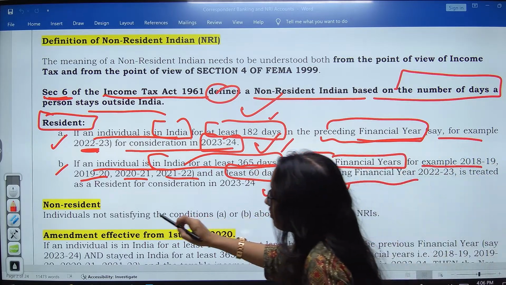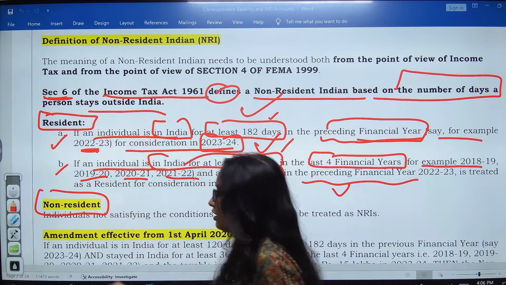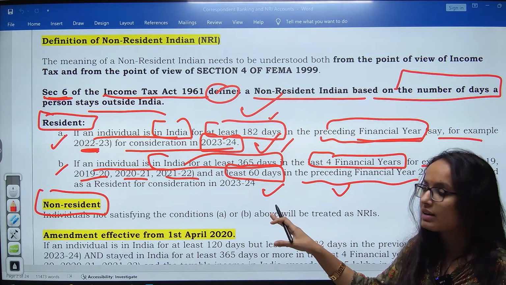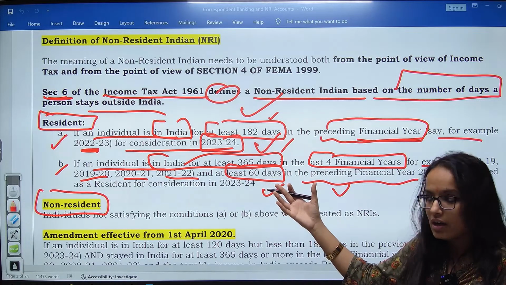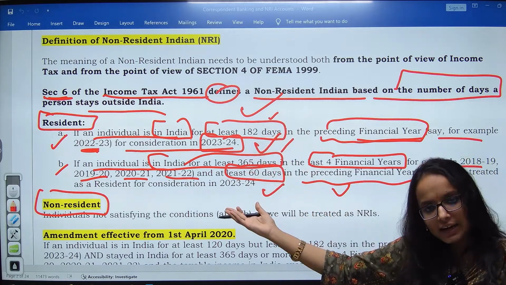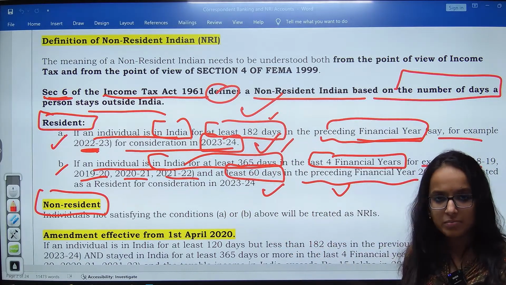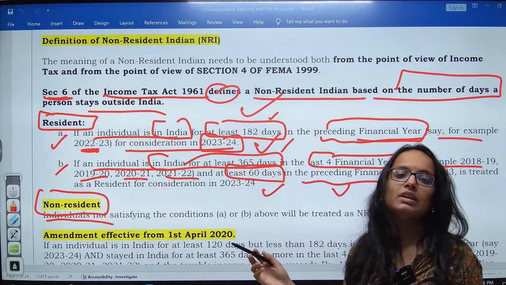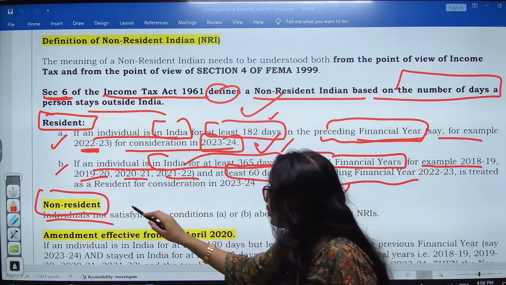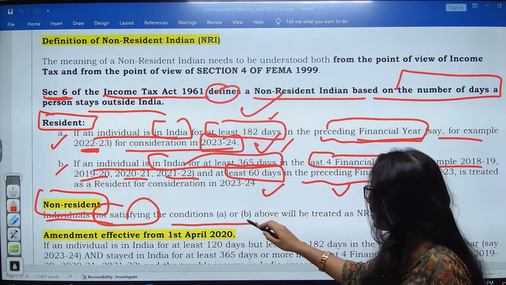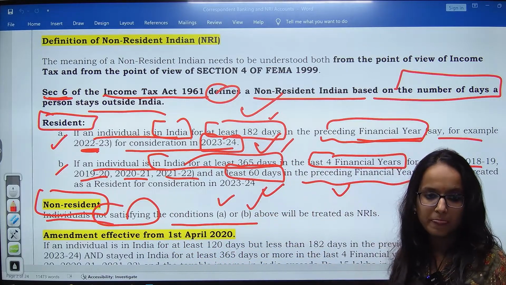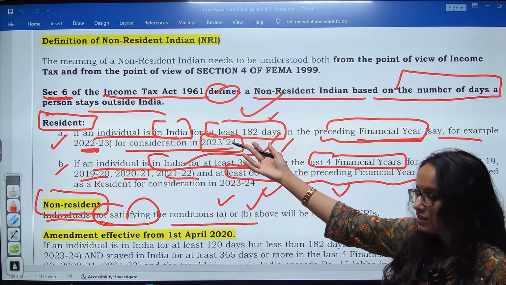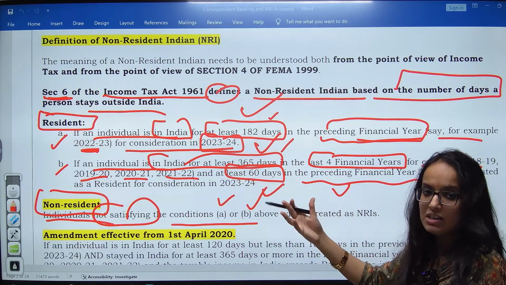Okay. Now non-resident. So we know the criteria for a person to be called a resident of India. Now when you do not satisfy these criteria, you will be called a non-resident. Simple. Okay. So non-residents are individuals, whosoever the individual is, not satisfying condition A or B. You either satisfy this condition or that condition, at least one of them, okay.